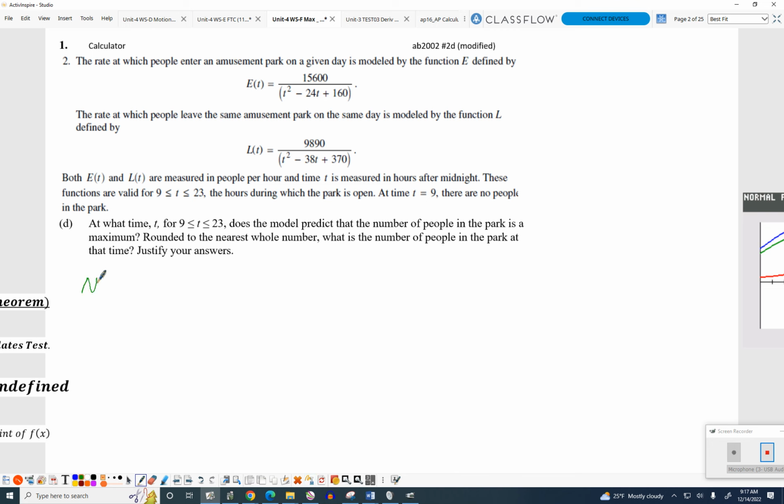N has relative max when n prime changes positive to negative. Questions?